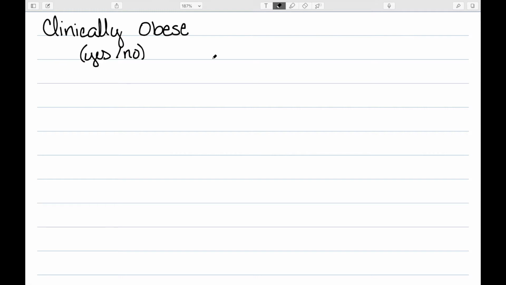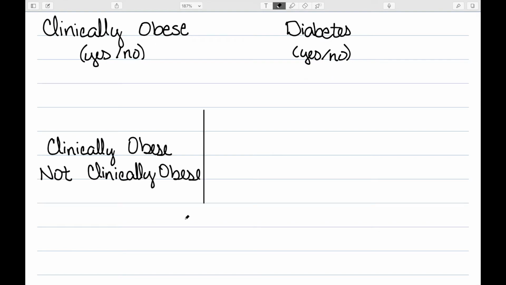Let's say we have two categorical variables. The first is clinically obese, which is a yes-no question. And then diabetes, yes and no. So as we're looking at people, we want to know, are they clinically obese and do they have diabetes? We start by putting our first variable in rows.